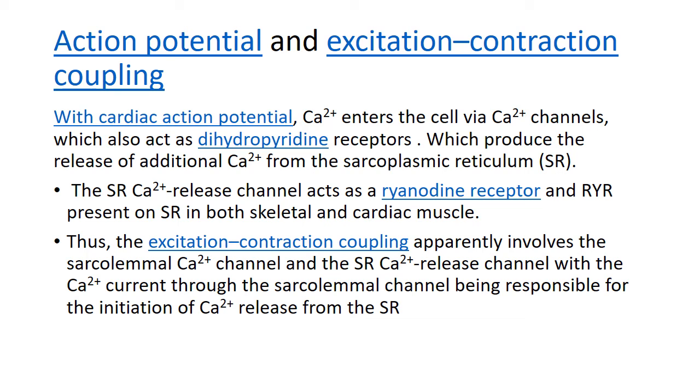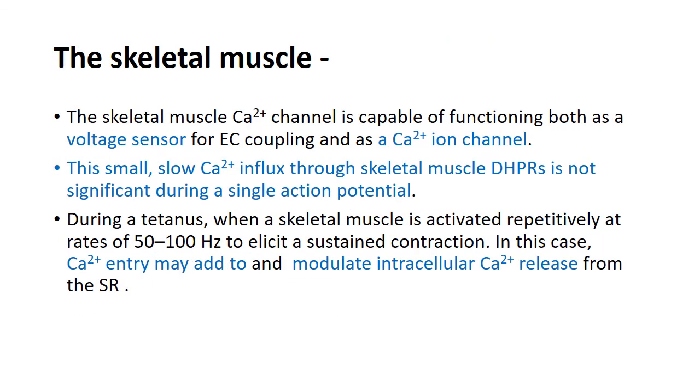The same is explained here also, action potential and excitation contraction coupling. Now, what is the difference? Why is the T-tubule more important in cardiac muscle and not important in skeletal muscle?